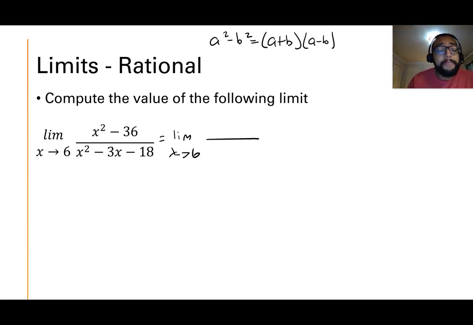So with this here, on top, we're going to get x plus 6 and x minus 6. And on bottom, we're factoring with an a value of 1. If you forgot how to factor, I have some videos on this channel showing you how to factor when a equals 1 and also when a is greater than 1. So make sure to check those out if you're struggling with factoring.